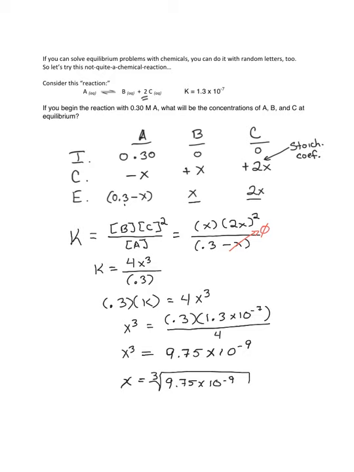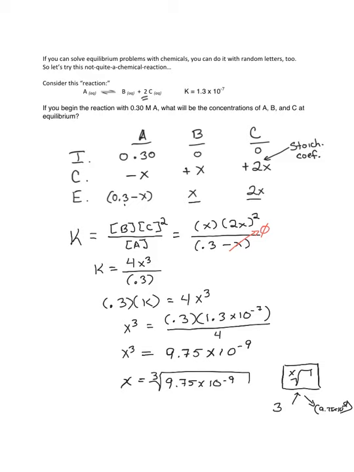On mine, I have a key that looks sort of like this, that does multiple roots. I have to hit the key, the 3 key, then that key, then I hit 9.75 times 10 to the negative 9th. And it'll give me the cube root.